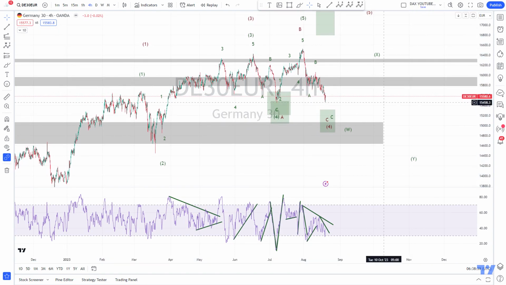Then we will just be in the scenario that I already indicated in many videos, that the wave 4 low was not in here, but that it will be in here, and that this here is a flat.